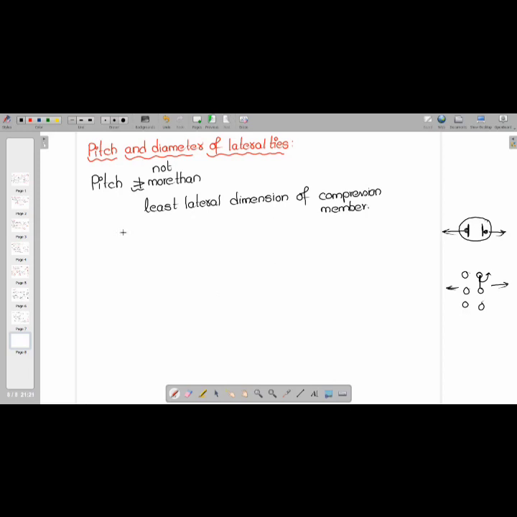Another important case is that it should not be greater than 300 mm, as I told you.